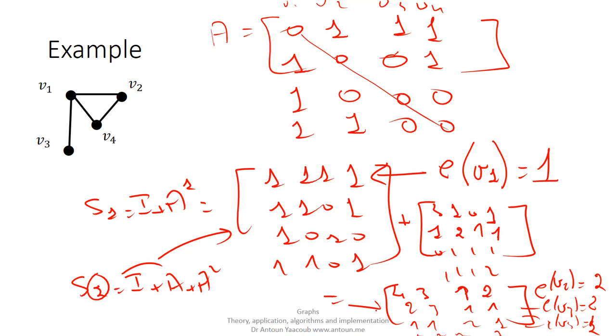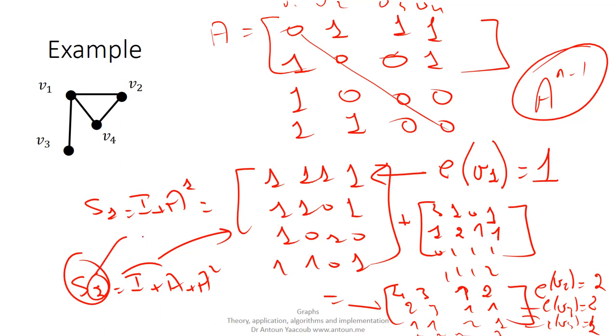So how can we know when we will stop? We can stop since we are considering distances. It means geodesic paths, and since we have n vertices, we know that at the end of n minus 1 iterations, it should be reached. So if I calculate A^k up to n minus 1, and if there are still zeros in S n minus 1, it means that the graph is disconnected.